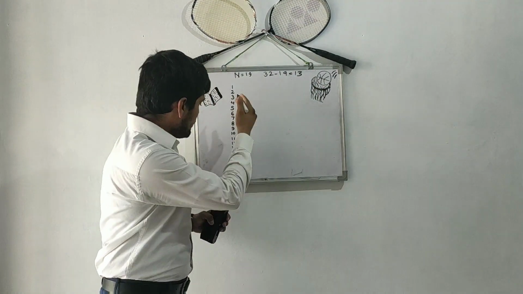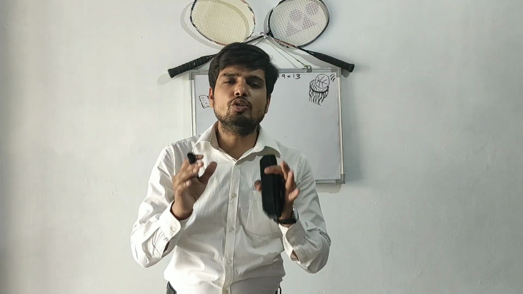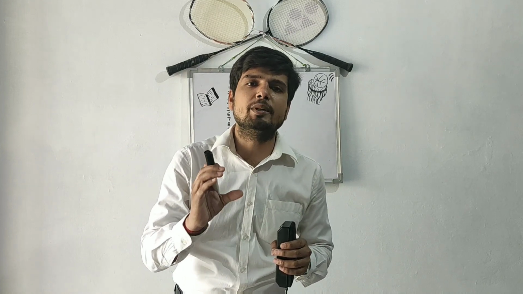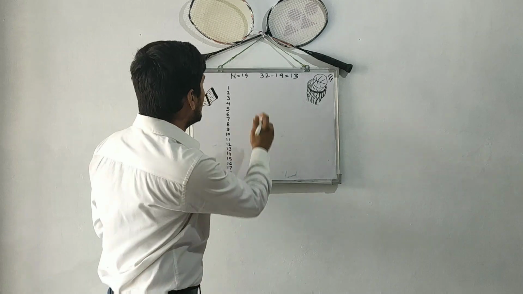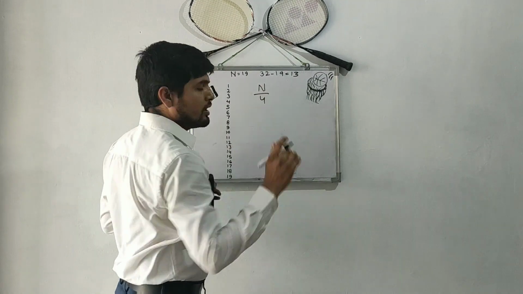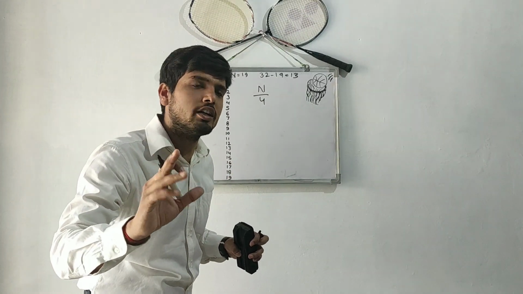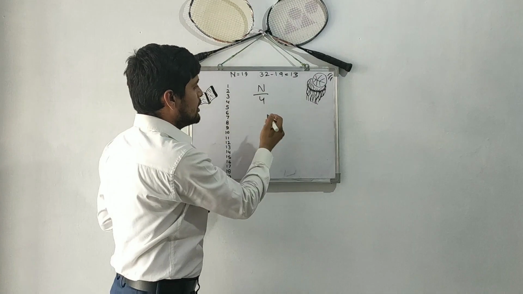Before allotment of byes, you should know how many teams should be in each quarter. For that, there is a simple formula, that is n divided by 4. As the first step for finding the number of teams in each quarter, you have to divide the number of teams by 4.